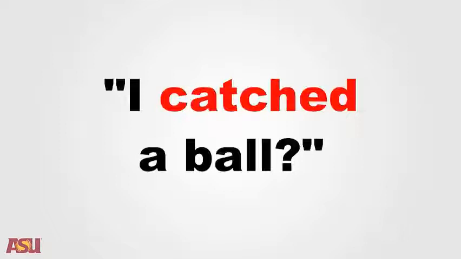And a teacher might lift a brow and say questioningly, "I catch the ball?" to see if the student can self-correct. The very concept of self-correction puts learning squarely on the shoulders of the learner and can help a learner develop the ability to monitor his or her own language.